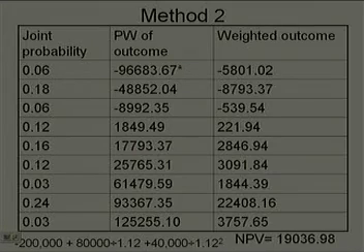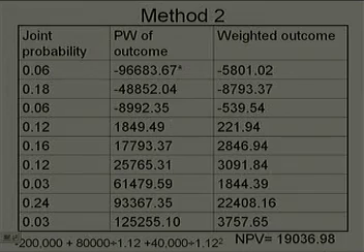So, in the second row you will find that you are getting a product of minus 5801, which is nothing but multiplication of first column and second column. So, in order to get the weighted outcome, you have to multiply the first column with the second column.